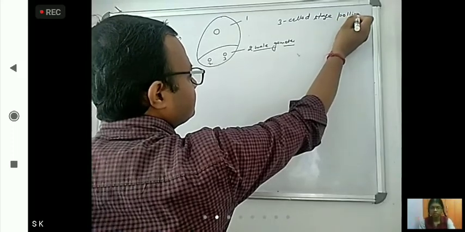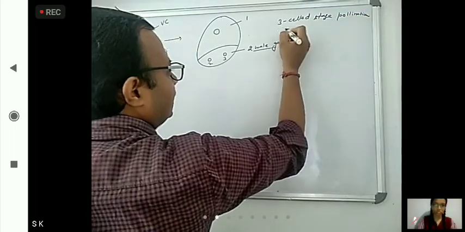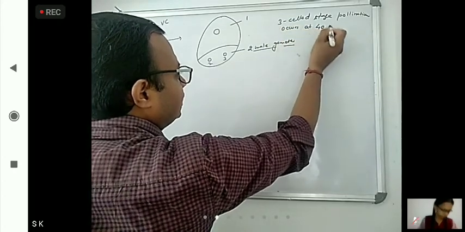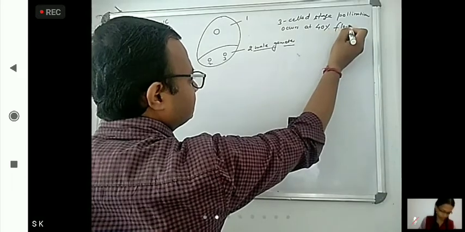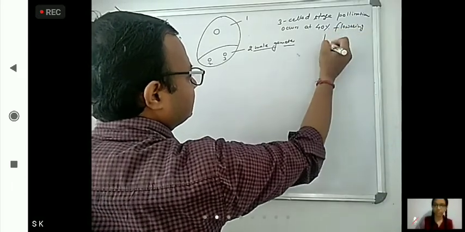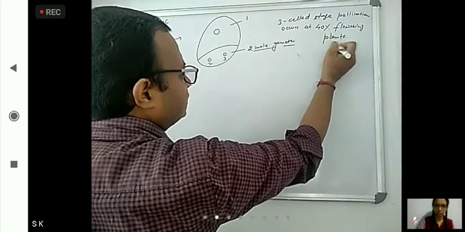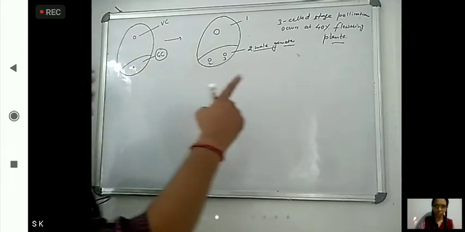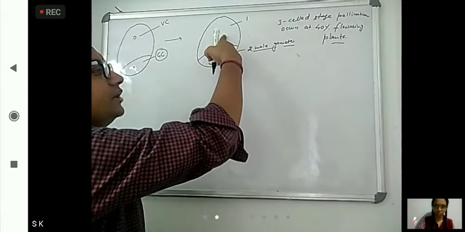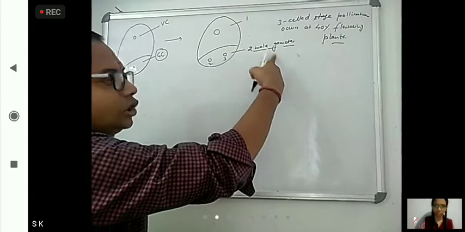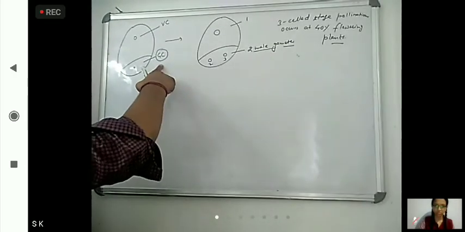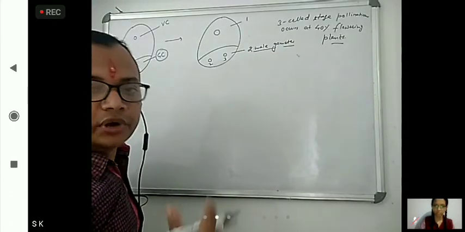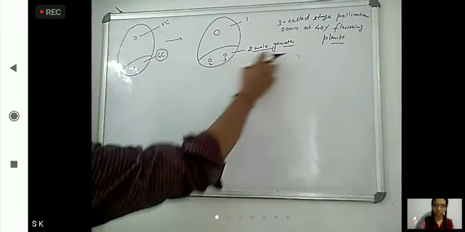Pollination occurs at the three-celled stage in 40% of flowering plants. So 60% are two-celled, with a vegetative cell and a generative cell, and 40% are three-celled, with one vegetative cell and two male gametes. These two male gametes came from the generative cell, and the vegetative cell provides nutrition to the developing male gametes.